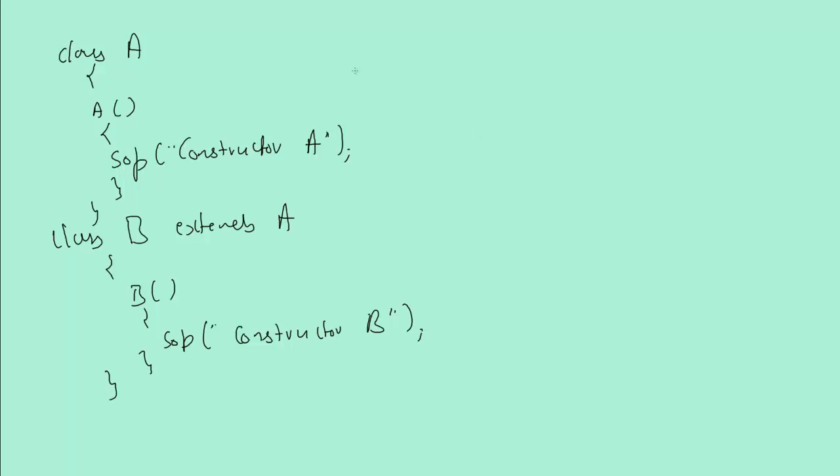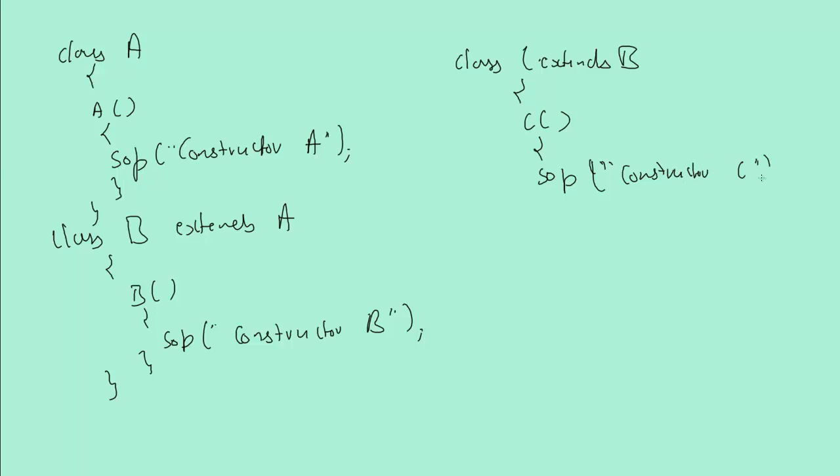So there's a class B. I have one more class, class C, extends B. Okay, SOP of constructor C, something you specify.